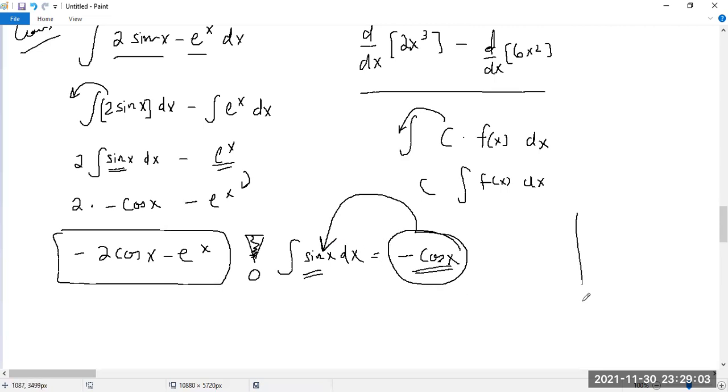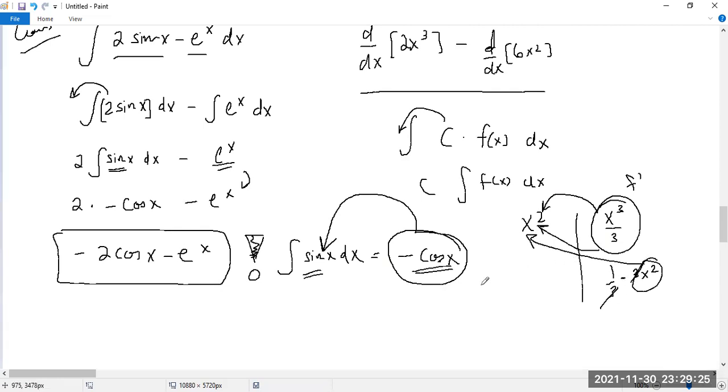So for instance, if I had x squared on this side and x cubed over 3 on this side, this is the antiderivative if I can take the derivative of this and get back the original function. If I take the derivative of this, I'll have 1 over 3 times 3x squared. The 3's cancel out, I have x squared.